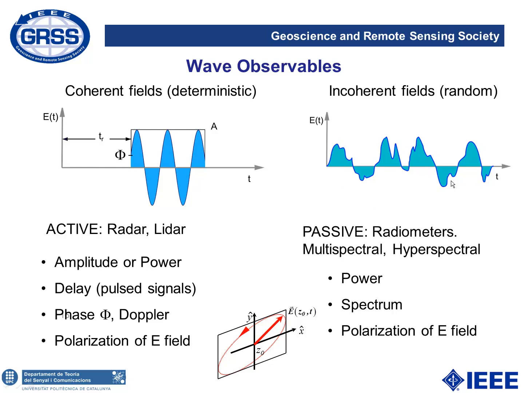And this is, for example, the shape of a field evolving with time in these cases. What can we measure here? Well, we can measure power. We can measure a spectrum if this power is unevenly distributed along the spectrum of waves. And we can still measure the polarization of the electric field, for example.